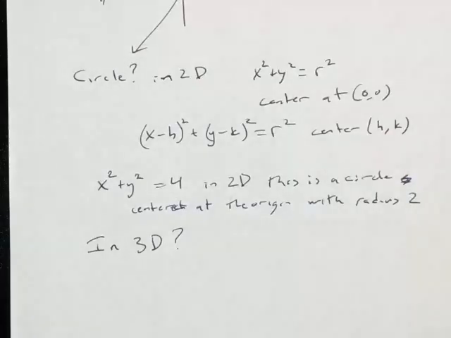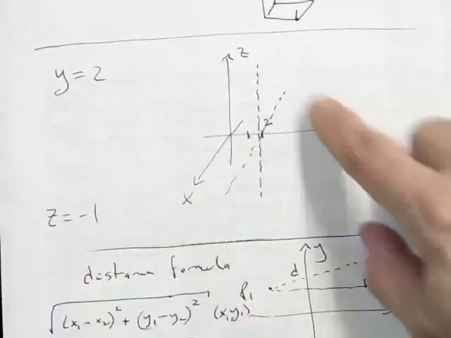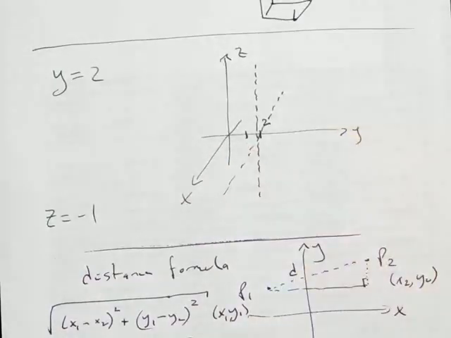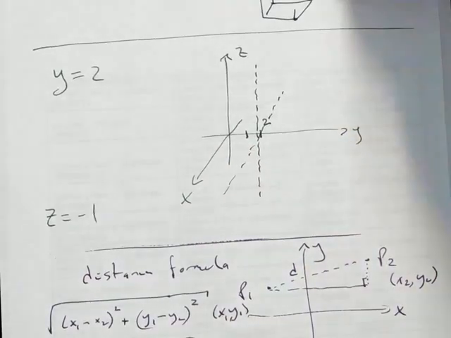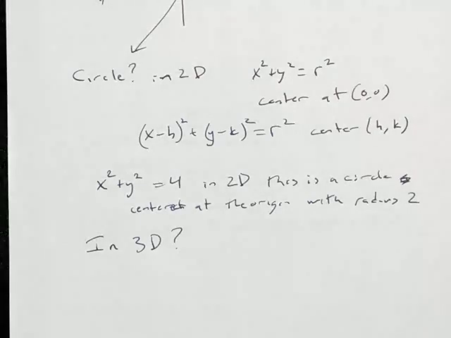Okay, wait a second. In this, we took the line and then we said that z could be anything we wanted. If I take this circle and say that z can be anything I want, what does that do? It doesn't make a ball. It moves that circle up and down and makes a cylinder.